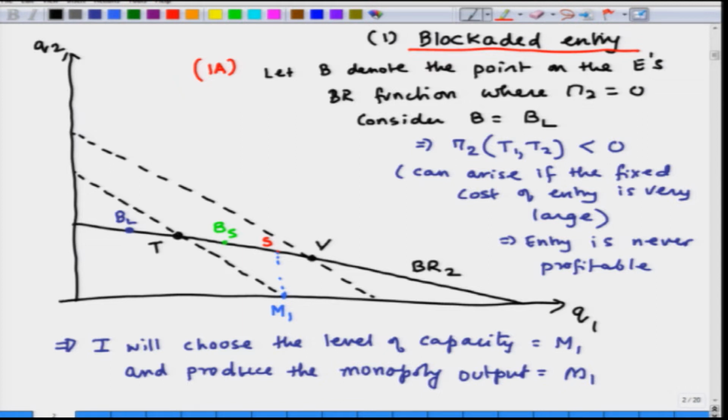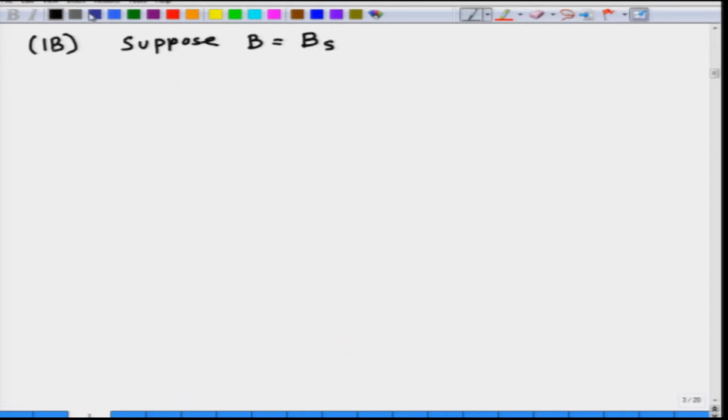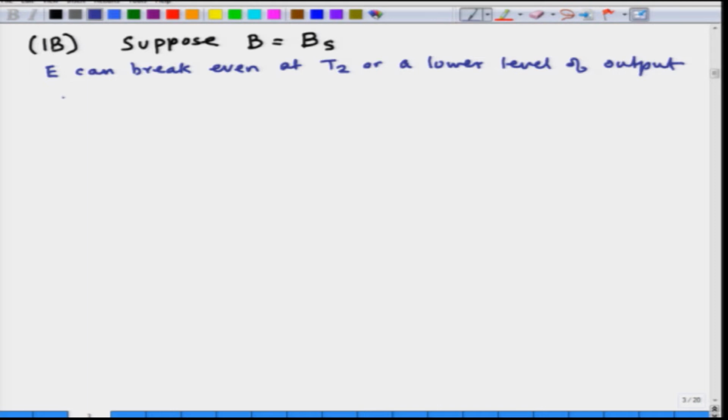So, this is the case where the entrant can break even at T2 or a lower level of output as long as it is above M2.